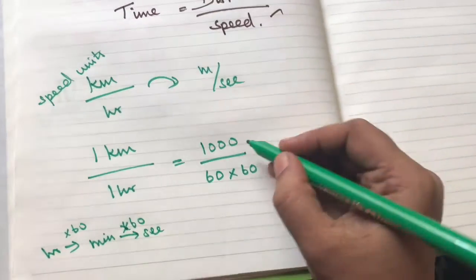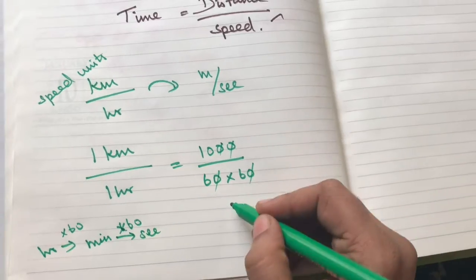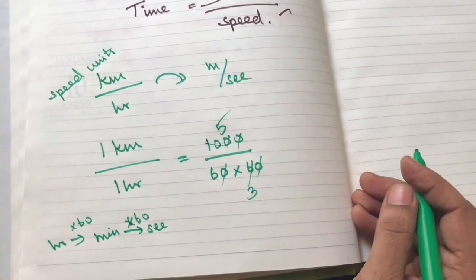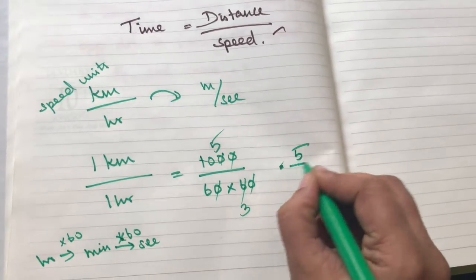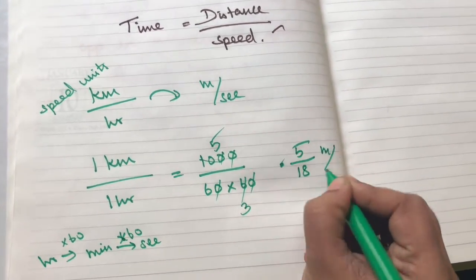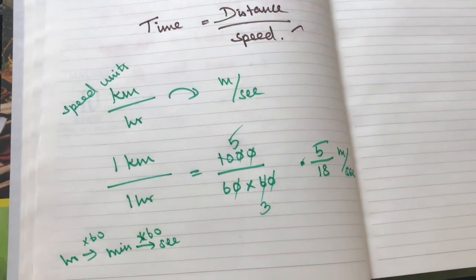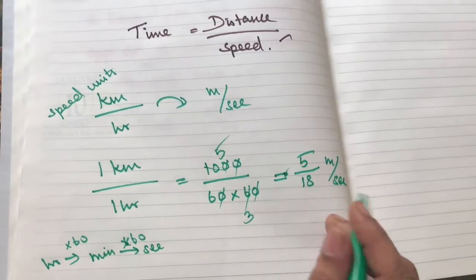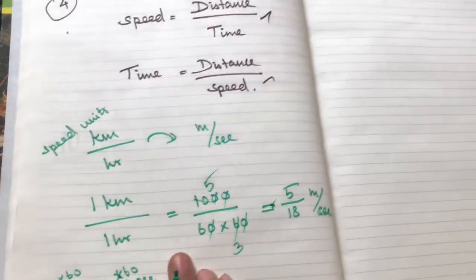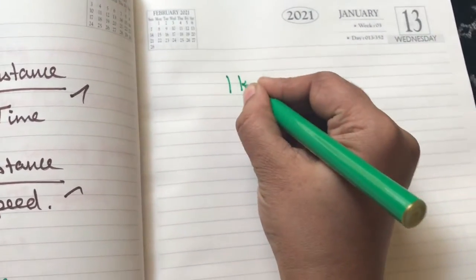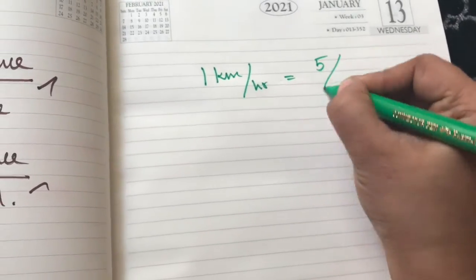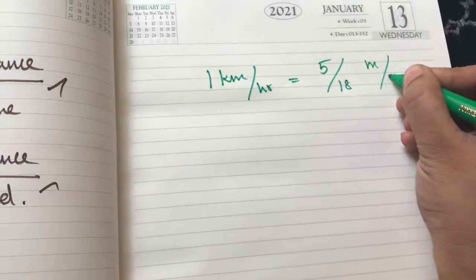So from this, I can easily say 1 kilometer per hour will be equal to 5 by 18 meter per second.